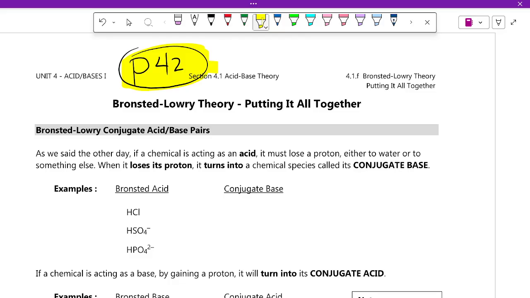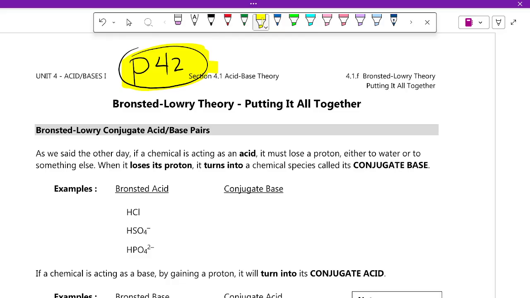Now, whoever was the acid no longer has an H, yes? Are they able to take a hydrogen back? Yes, they are. Take the hydrogen back. Now, when they took the hydrogen back, what did they act as? A base.